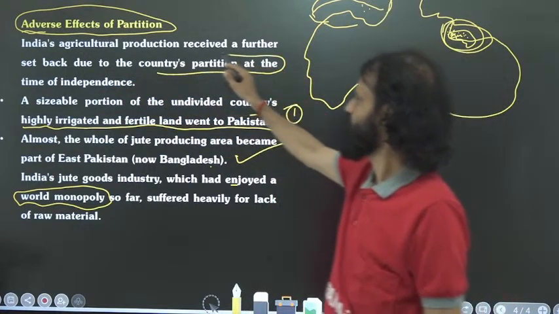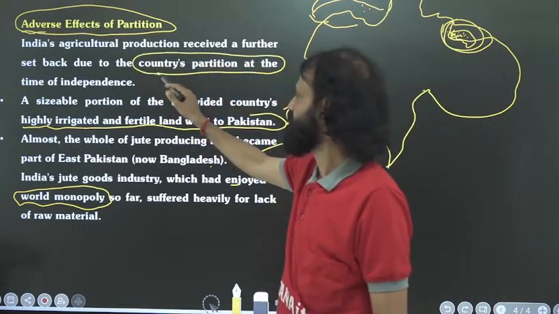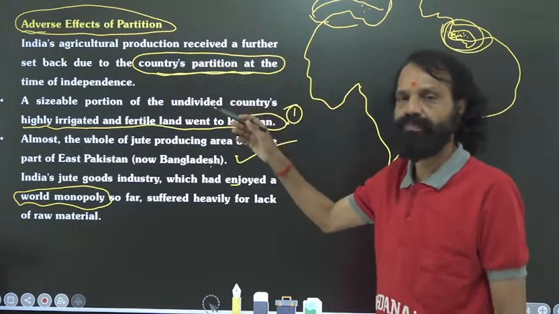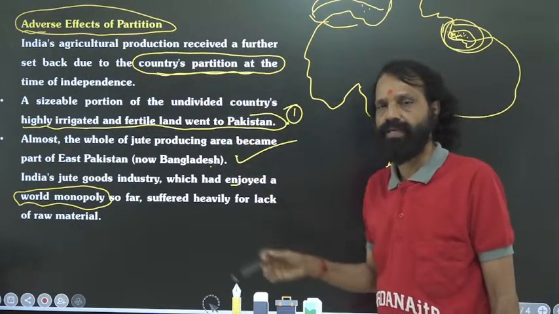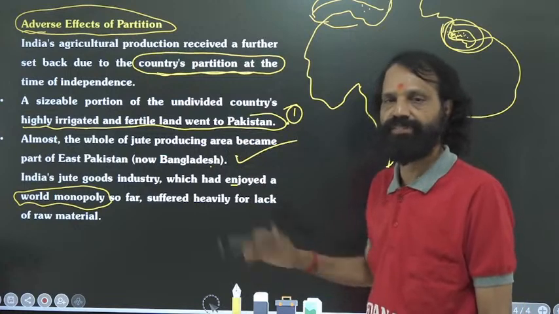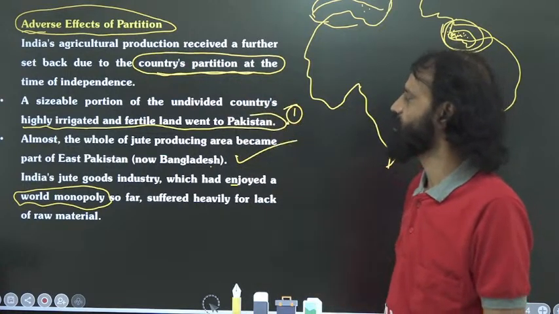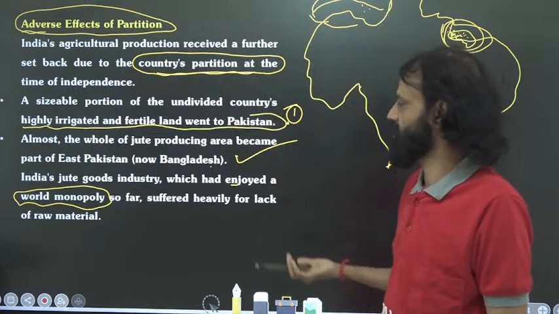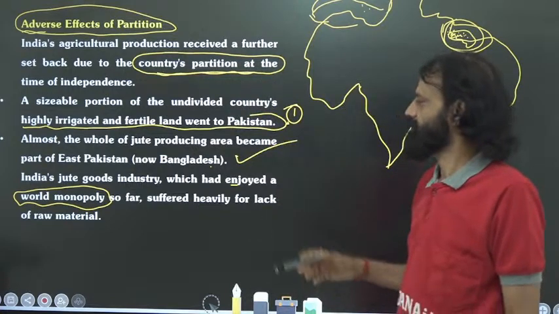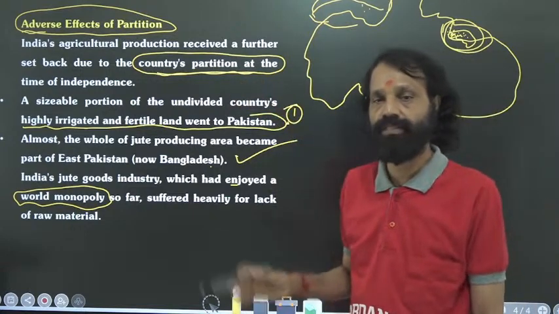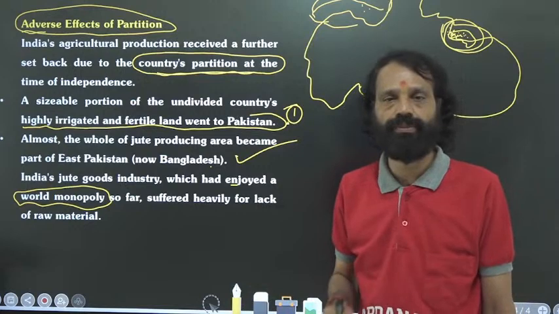The Britishers divided our country into Pakistan and India. So the major part of this area went to another country, Pakistan, and our agricultural production received a setback. These are the main points you need to remember.